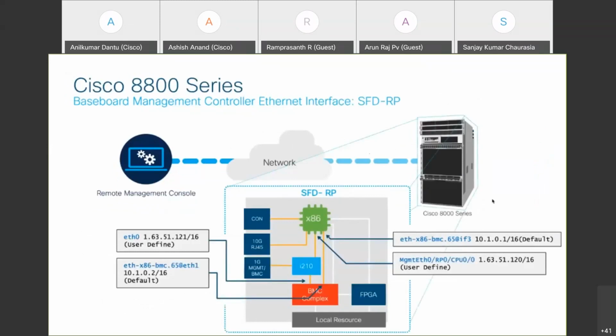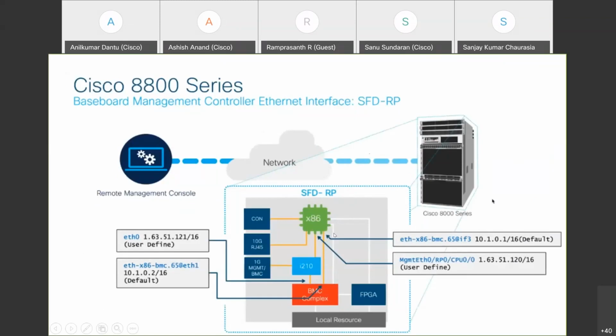As I mentioned, this is the internal diagram of the BMC. BMC is a chip which is running its own software stack, which is not XR. It has connectivity to the RP and to the FPGA. Normally it will talk to the RP to fetch all the environmental related information from the chassis, the different line cards, fabric cards, power supplies, fans and all, and send it to the remote system.